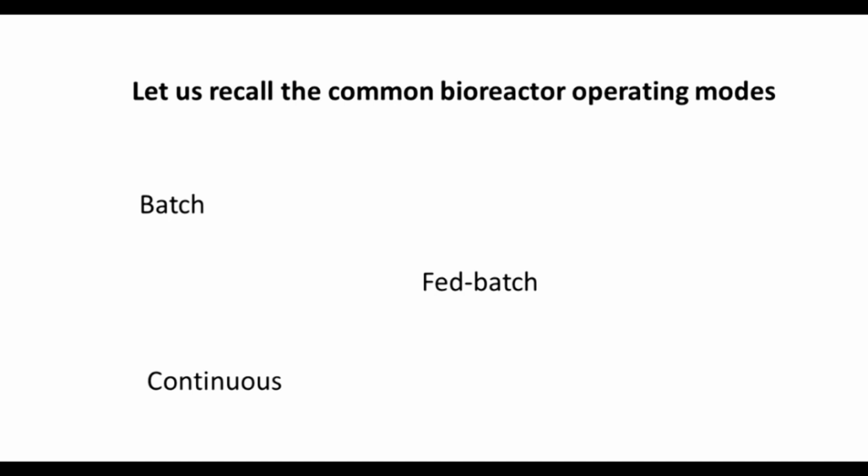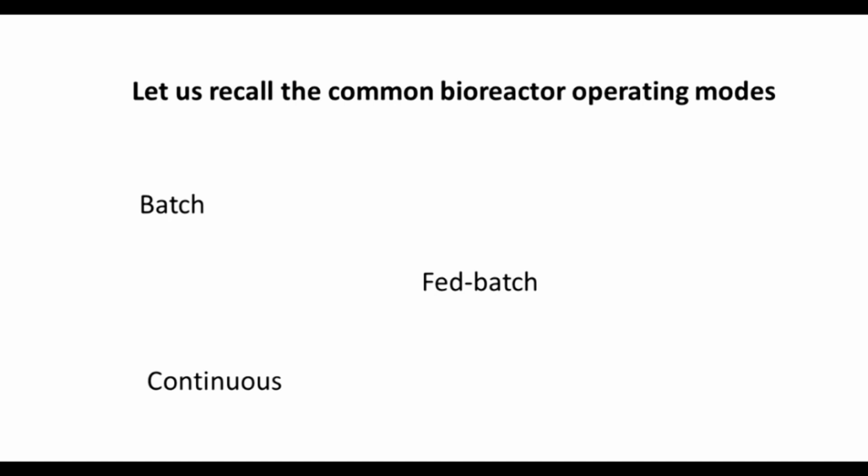As long as it is not both continuous in and continuous out simultaneously, any other combination is called a fed batch. These are the three common bioreactor operating modes: the batch, the continuous, and the fed batch.